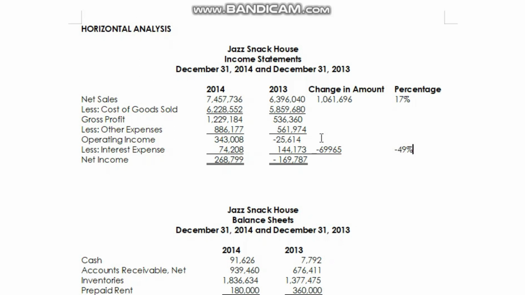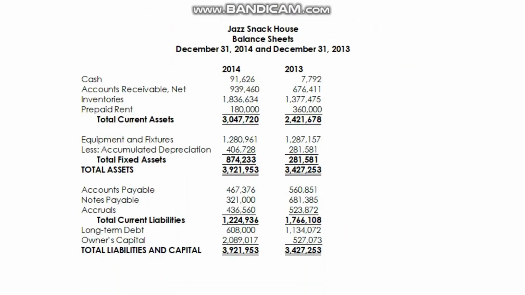You just have to do the same for the rest of the items. Find the change in amount and then get the percentage. Just remember that when you get the percentage, the denominator is the 2013 value. Same goes for the balance sheet.